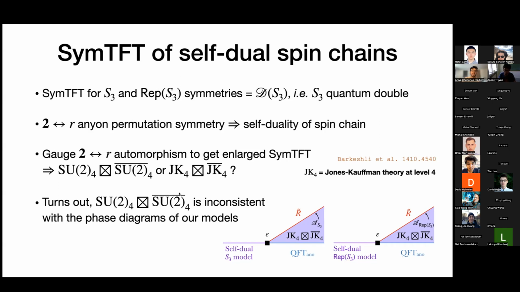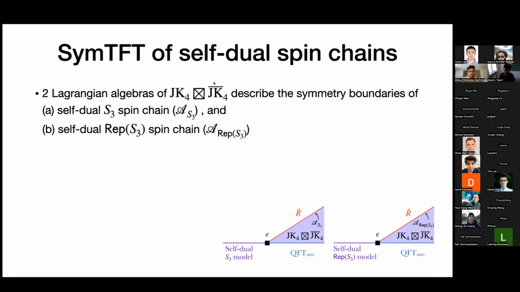There was no relevant perturbation out of that that is also consistent with self-duality. So this one's inconsistent. The only consistent one is this JK4 stacked with its time reversal. Taking that, you can construct the gapped boundaries of it, and it turns out there are just two, and those two indeed correspond to the symmetries of the self-dual S3 spin chain and the self-dual Rep S3 spin chain.